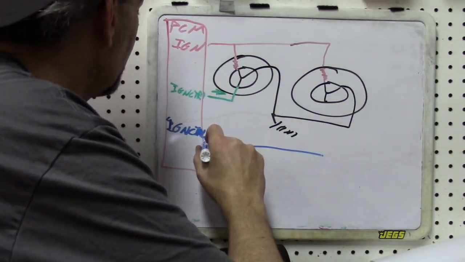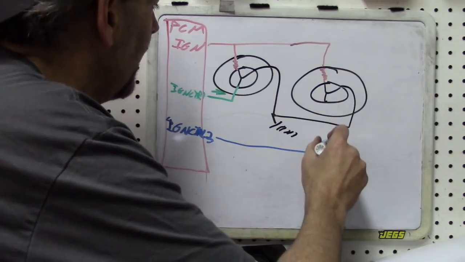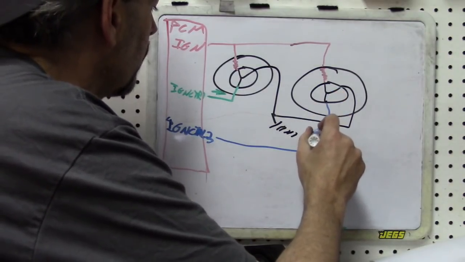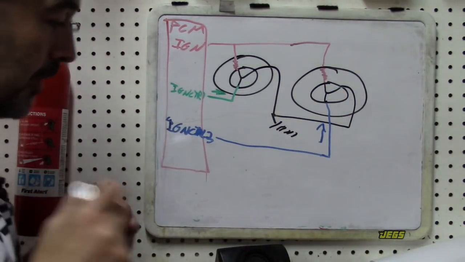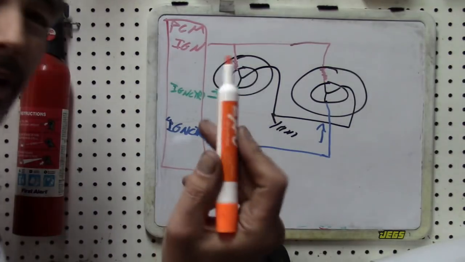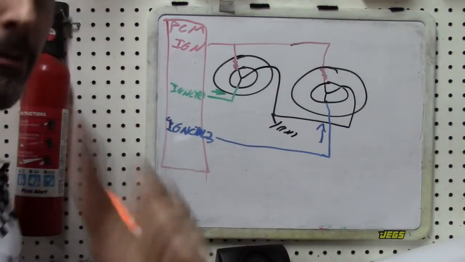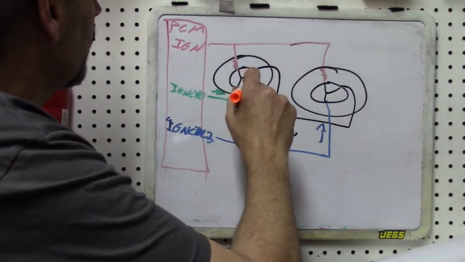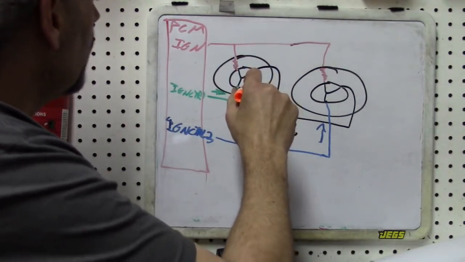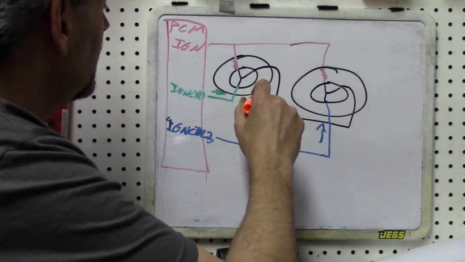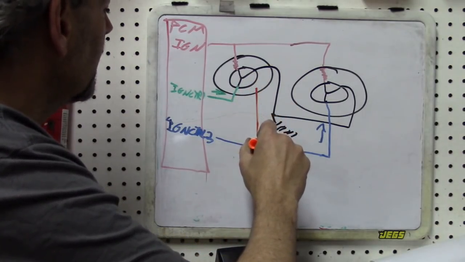Actually, that would be 3 because these are on the same bank. It's going to be our low voltage input controlled by the PCM. Oh, and look, I do have an orange marker. We're going to have, and we'll look at this in more detail later, this is going to come off here.